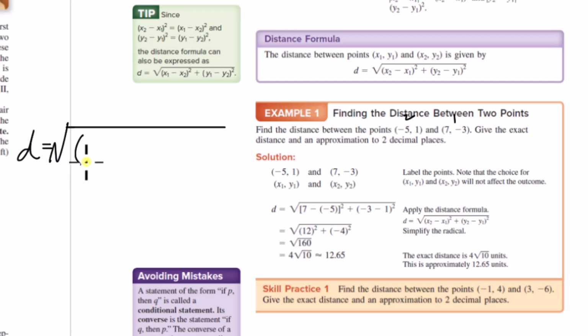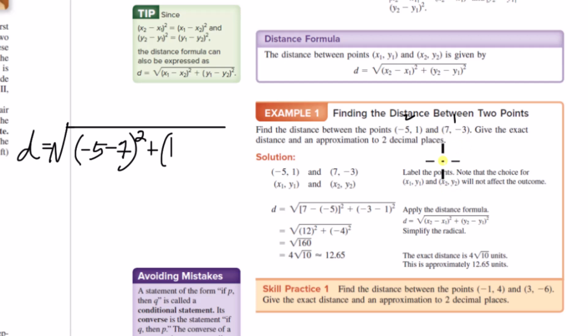But okay, x2 is -5 minus x1, which is +7, squared plus, and then y2 is 1, but okay, minus y1.